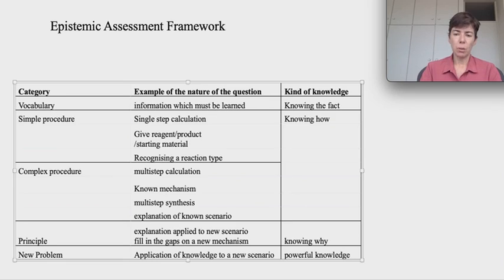The level of principle is the level at which you actually understand the underlying principle. And this is then the movement to knowing why, knowing the chemical concept underneath the procedural knowledge.